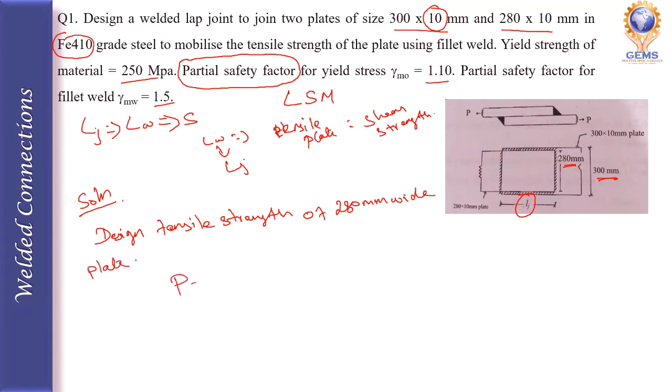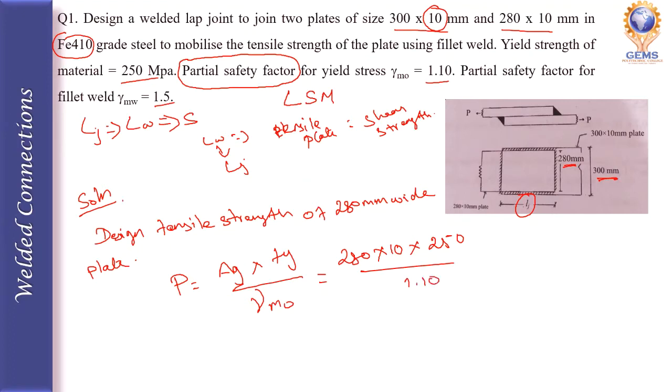So the formula is gross area into yield stress divided by partial safety factor. So gross area is 280 into 10 into 250 divided by 1.10. That is equal to 636 kilonewton.